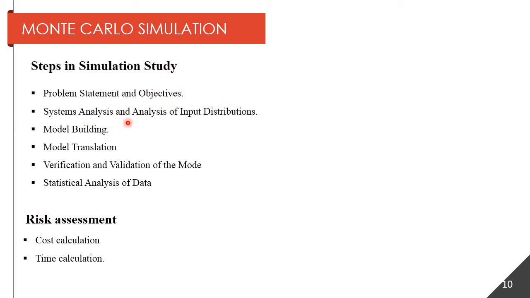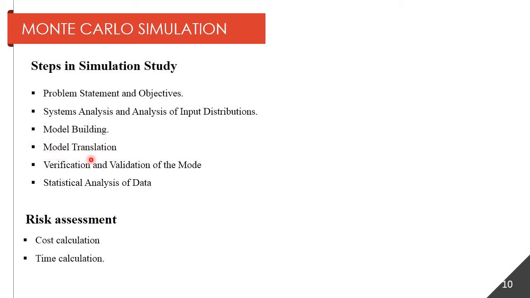System analysis. Here we need to decompose the system into the main components and define the event, the entity, and the attribute. Model building. The model must be simple but of appropriate complexity and represent the real world system to some degree of accuracy.